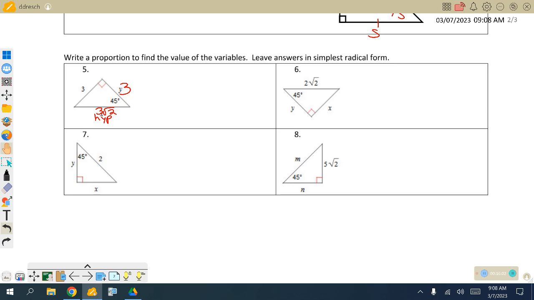But as I asked a few minutes ago, here, what does that 2 root 2 represent? The leg or the hypotenuse? It's the hypotenuse. It's across from the right angle. So this one again is pretty quick to do because it represents the hypotenuse as 2 root 2. And the reason why you're able to just say the two legs are 2 and 2 is because the hypotenuse is 2 root 2.